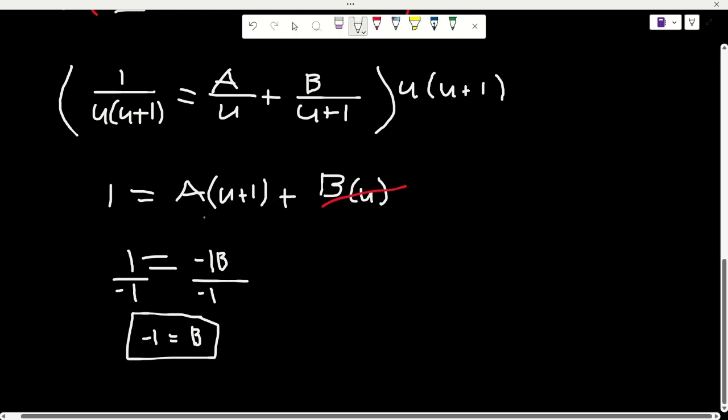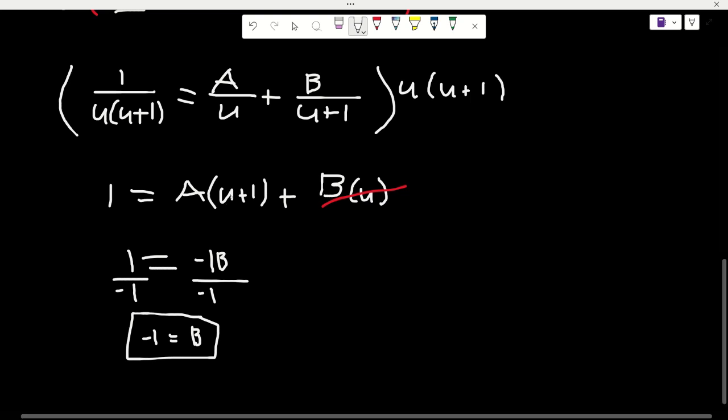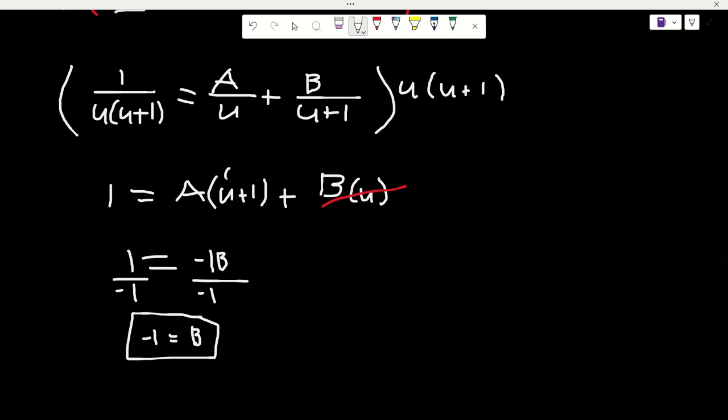So we only have a times 0. This is 0 plus 1, so a times 1, right? So we have 1 is equal to a times 1, and if we divide both sides by 1, we simply have a is equal to 1.